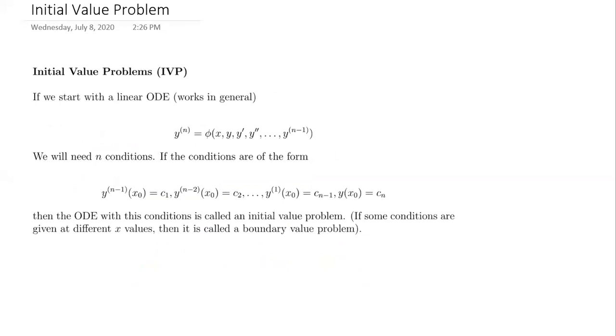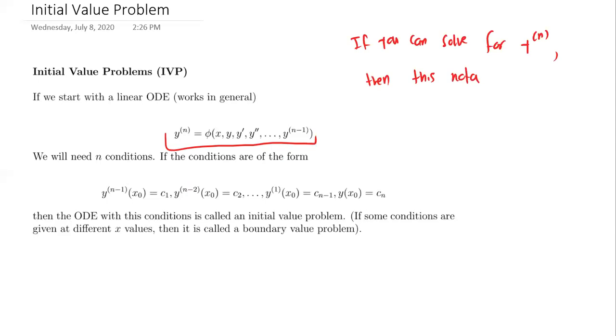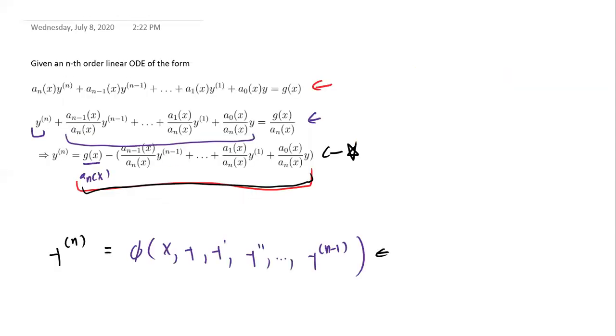The point is we want to start with a differential equation that you can somehow rewrite like this. So basically, if you can solve for the highest order derivative, which in this case is the nth derivative, then this notation works. In the case that the differential equation is linear, I already showed you how to solve in this form, right?